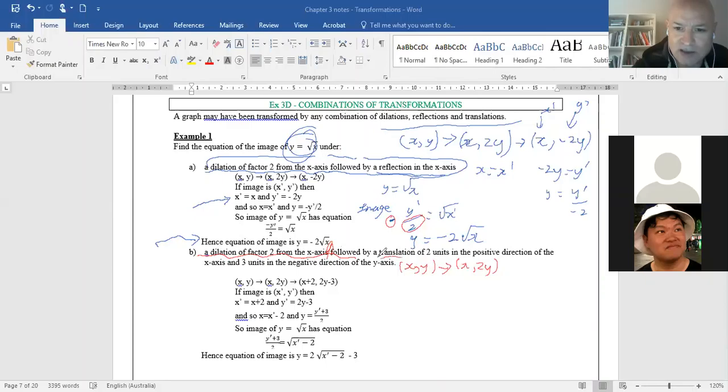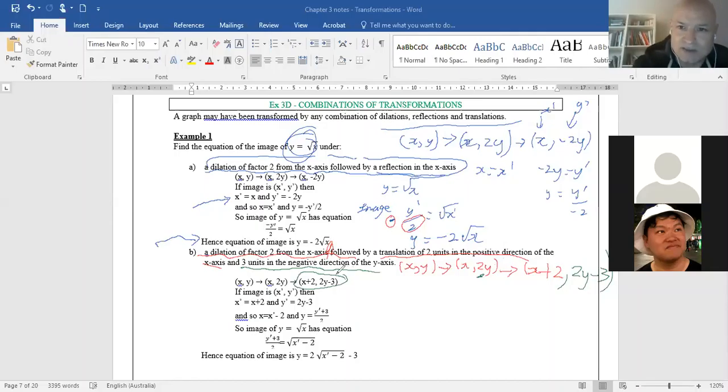Then there's a translation of 2 units in the positive direction of the x. So the next one is x plus 2, and at the same time I'll write 3 units in the negative direction of the y. So my y at the moment is 2y, but I've got to subtract the 3, and that's how I get that part there.